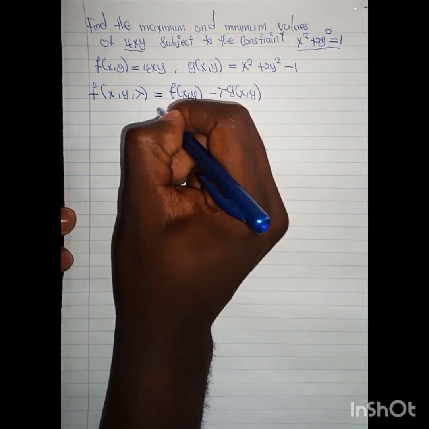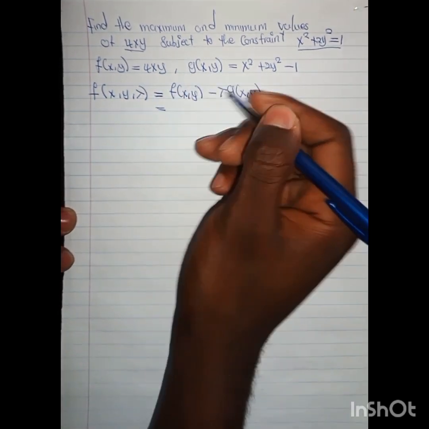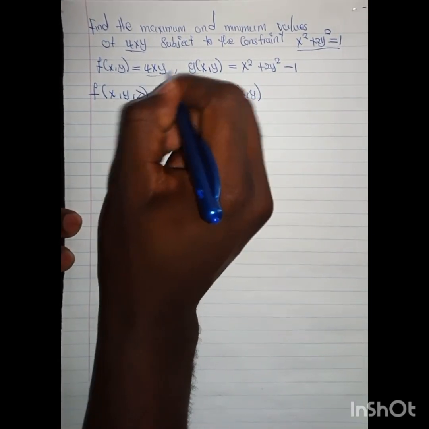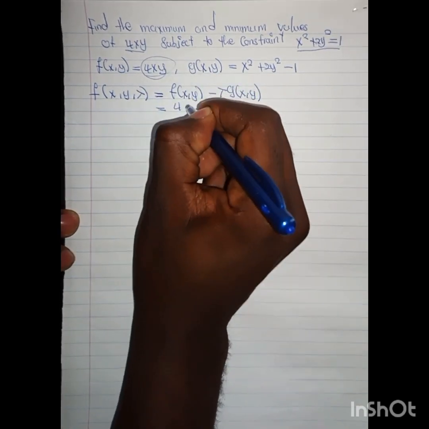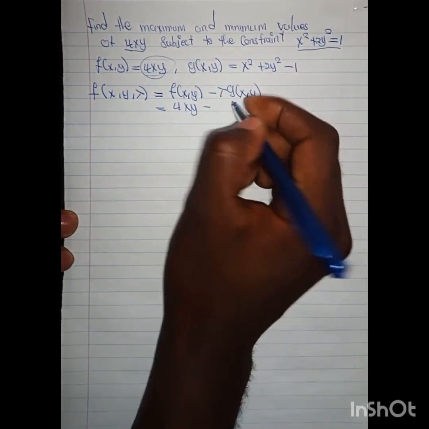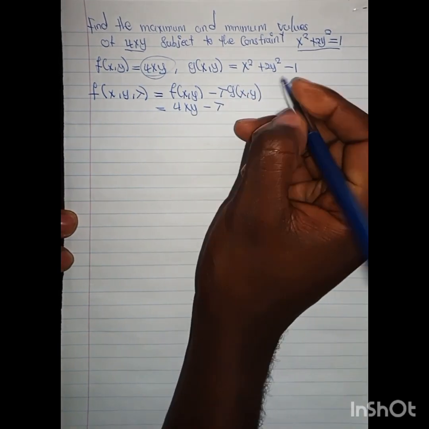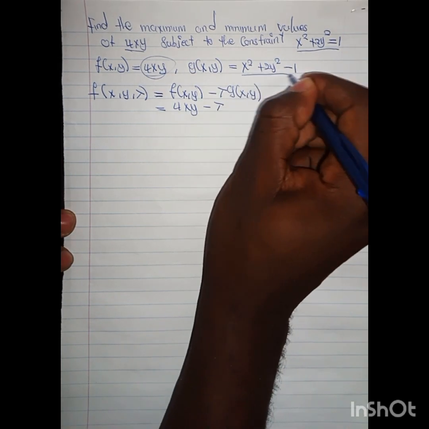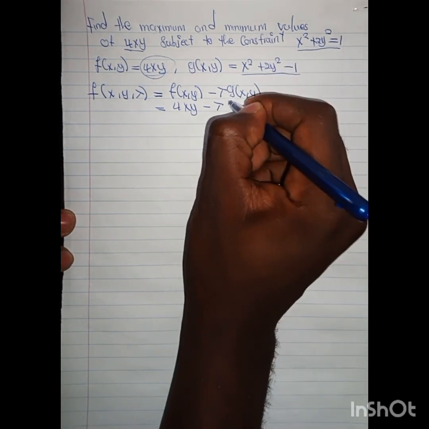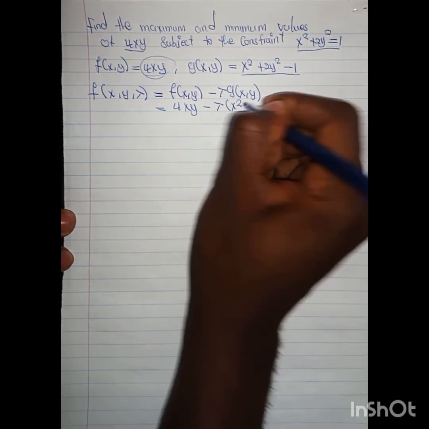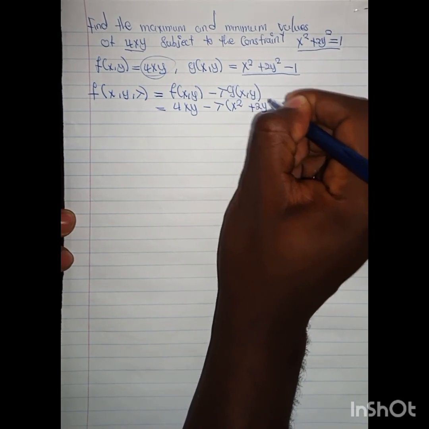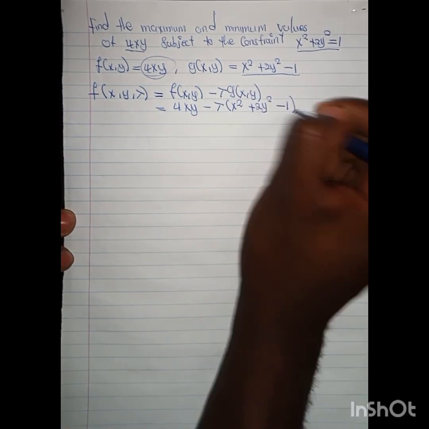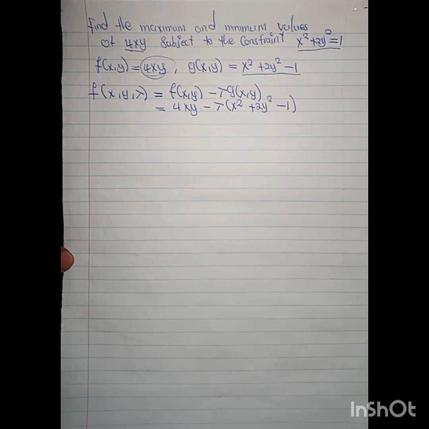And then now we can replace f of xy with this equation. Then this is xy minus lambda multiplied by the constraint. Then this is our constraint, so it means we'll have x squared plus 2y squared minus 1, like that.